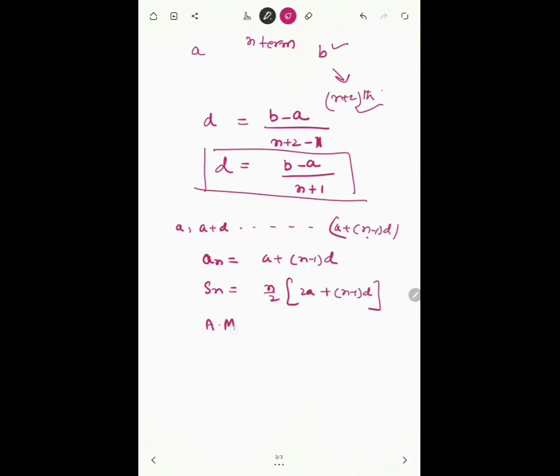And for the arithmetic means between A and B, D is equal to last term minus first term upon one less than the total number of terms, including A and B. So the D formula is B minus A upon, depending on how many you are inserting in between, one less than the total.